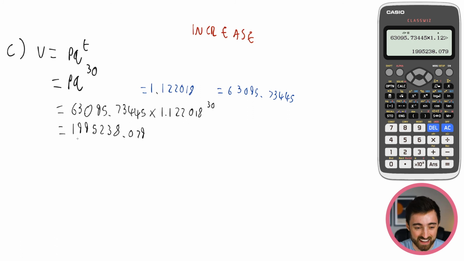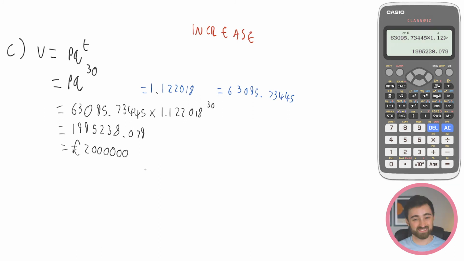That's 2 mil, isn't it? Paintings, man. Look at this. This is 2 because there's 6 zeros here. Okay, so it's the nearest 100,000. So this is £1,995,238. So super close to 2 mil. So the nearest 100,000, this is going to be 2 million quid, isn't it? So not a bad little investment.